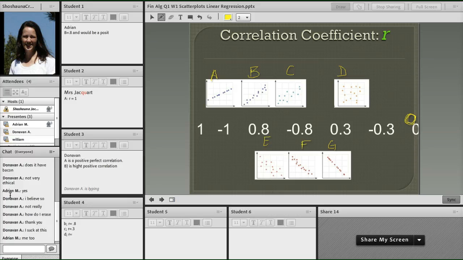And then Donovan, what I want you to do is identify what correlation coefficient, so those numbers that are there, what one would you associate with that graph? Because I agree with you. A is a perfect positive correlation. B is a strong correlation. The other term that we use is strong correlation. But what would be the number we associate with it?